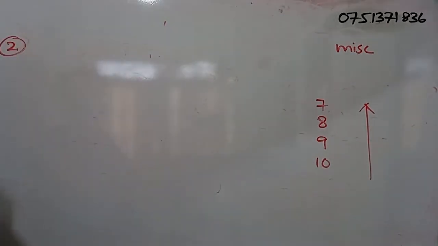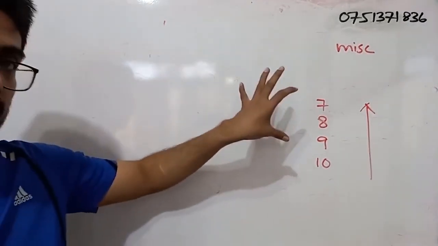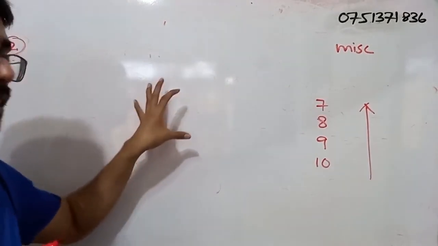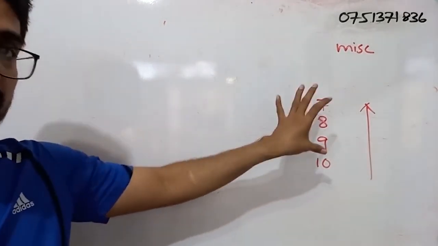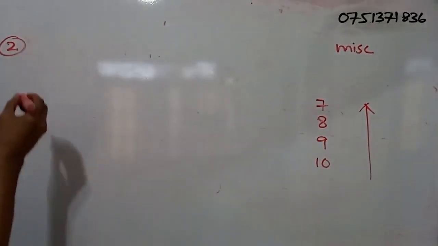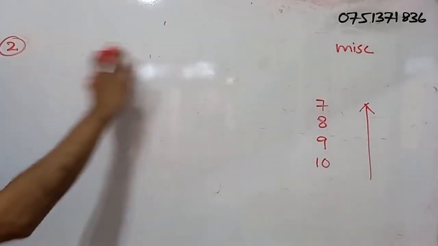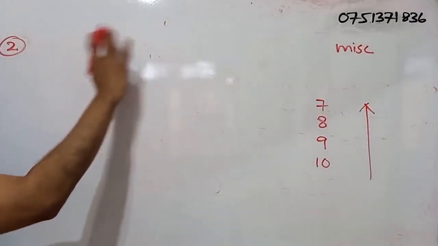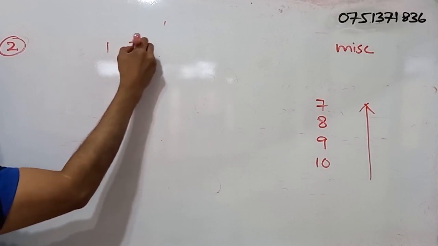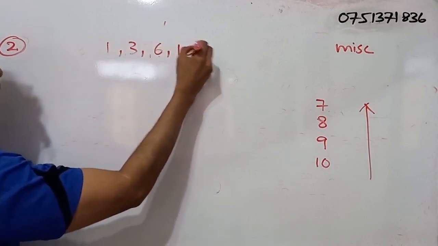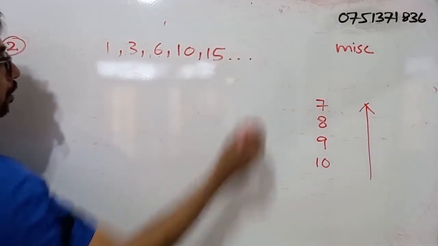Right? So when we talk about this specific question, this is related to some patterns that we talked about, the triangular numbers. So when we talk about triangular numbers, I will write down the first 5 of them: 1, 3, 6, 10 and 15.